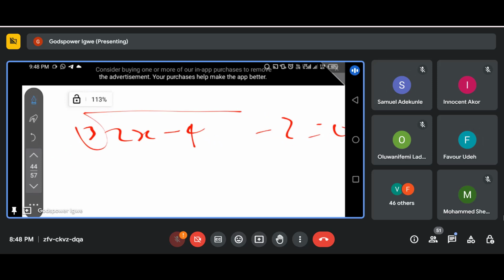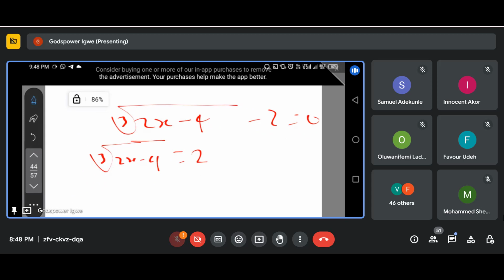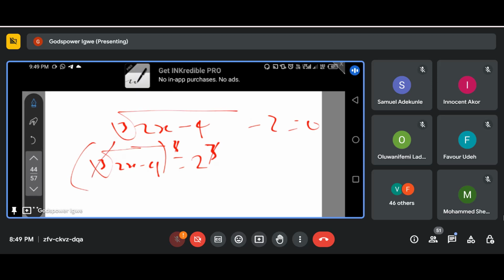Good. So we have the cube root of 2x minus 4, and we transfer 2 to the other side of the equation. Then the next thing we do is place the power on top so that this one will remain, this other will cancel this.